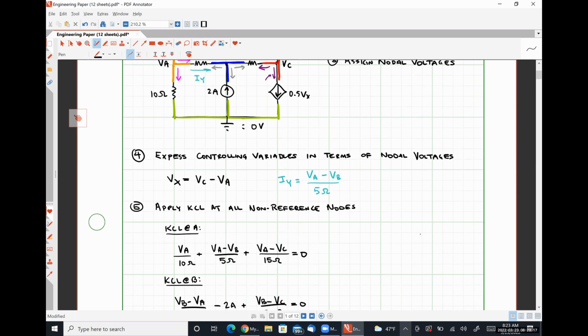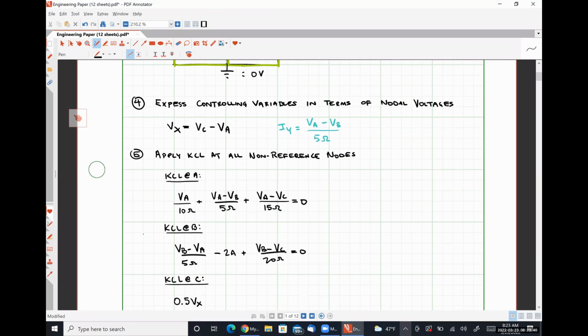That is the convention that I have adopted. You don't have to do it that way in any way, shape, or form, but I do it that way because I get the least amount of negative signs messing things up. If we look at our KCL at node A equation, our variable VA always has a positive sign. If we look at our KCL at node B equation, our variable VB always has a positive sign.